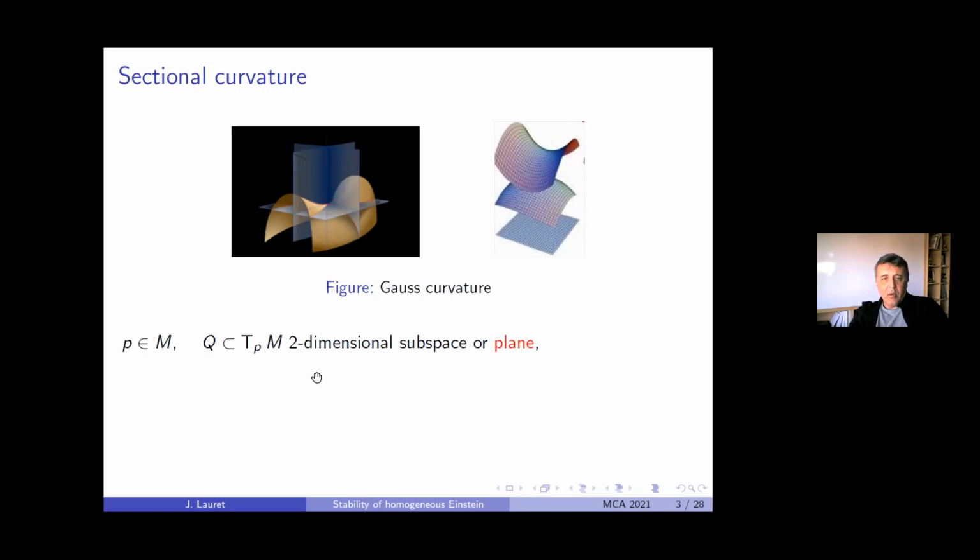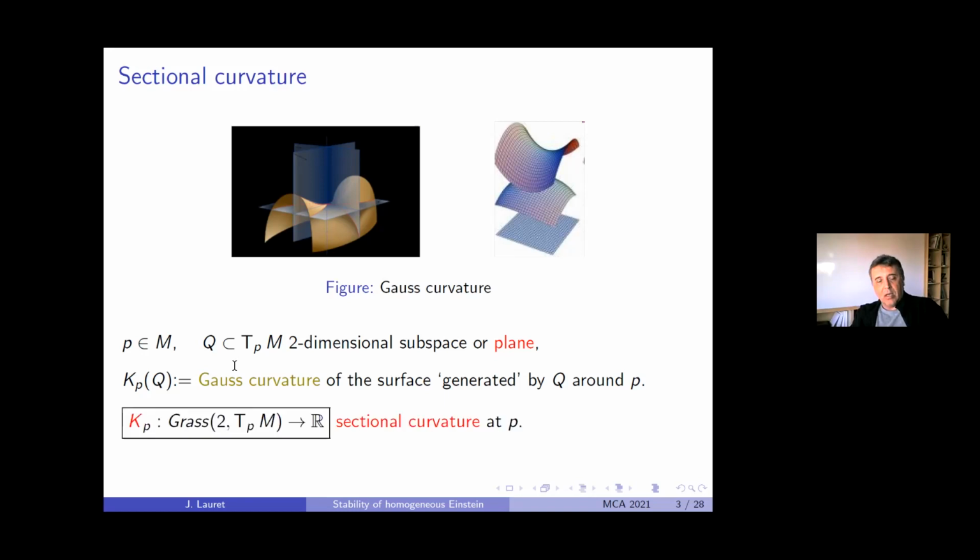But here we are in dimension n, so it's more complicated. For each point of the manifold and for each plane, you have this number, which is the Gauss curvature of the surface generated with geodesics starting with velocities in the plane. So why is it more complicated?